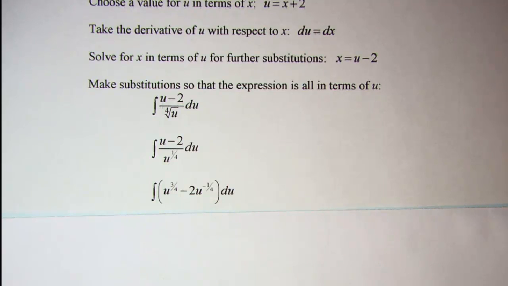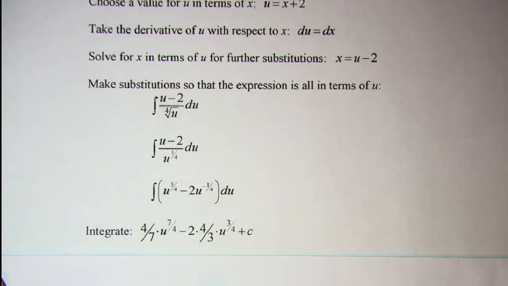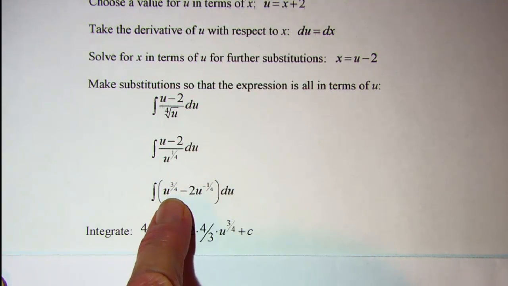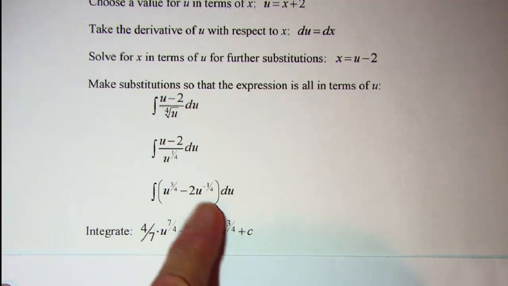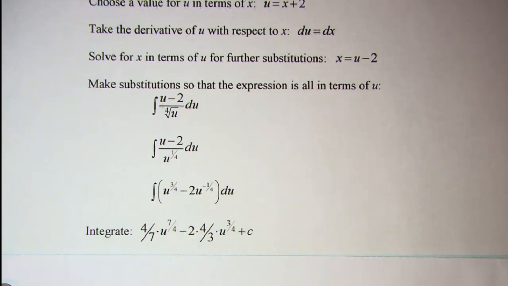Right, now I'm ready to integrate. The new exponent here is 7/4, so I have u to the 7/4 divided by 7/4, which is the same as multiplying by 4/7. And then this one, when I increase this exponent by 1, I have 3/4.